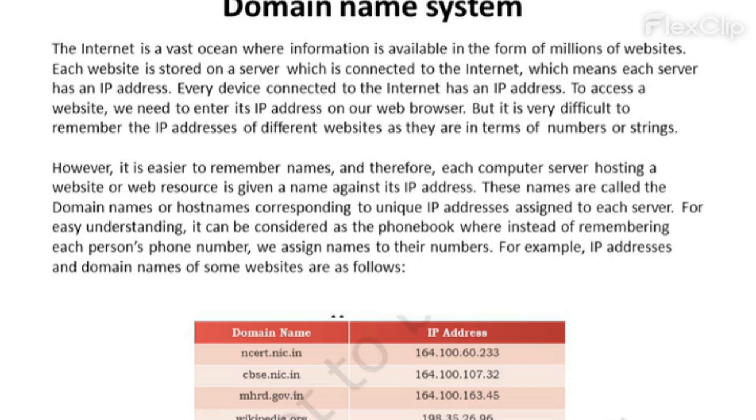A domain name is actually the name itself, but behind it is an IP address that represents it, and that's the essence of the domain name system. It helps you in translating a human-friendly domain name to a machine-readable IP address. And why do we even need a DNS?